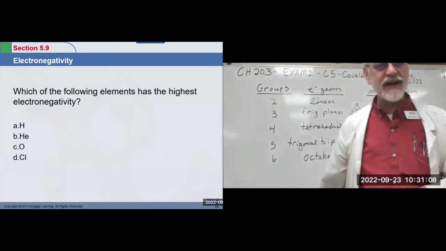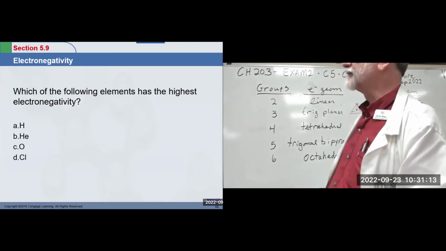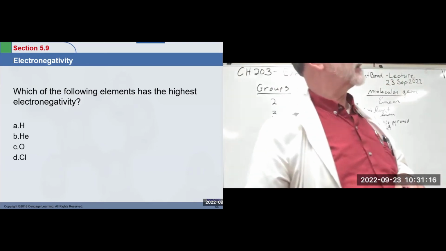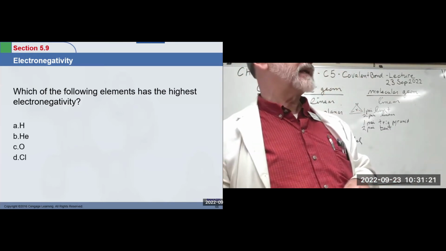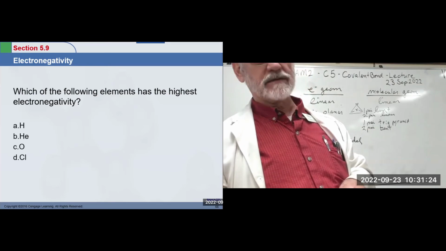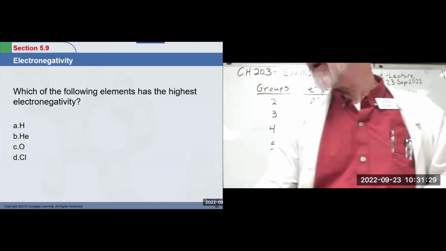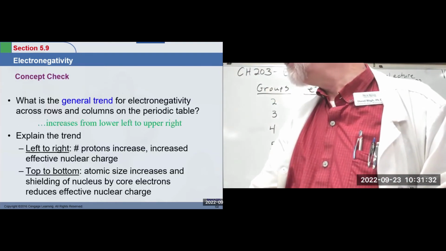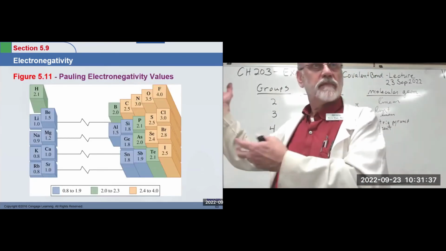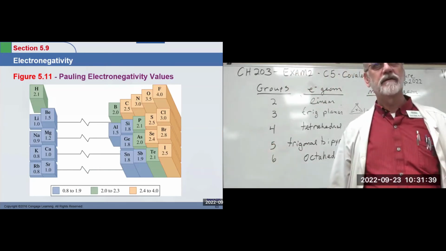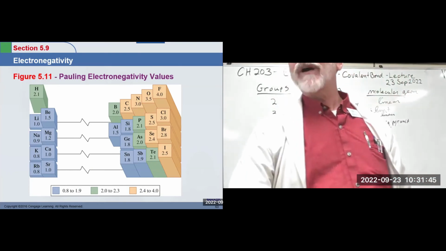So which one of these has the highest electronegativity? Hydrogen, helium, oxygen, or chlorine? Well, if we look at the periodic table, hydrogen's way over there on the left. Helium is far on the right. Notice in that chart, there are no noble gases in there. We don't even bother with noble gases. They're happy the way they are.